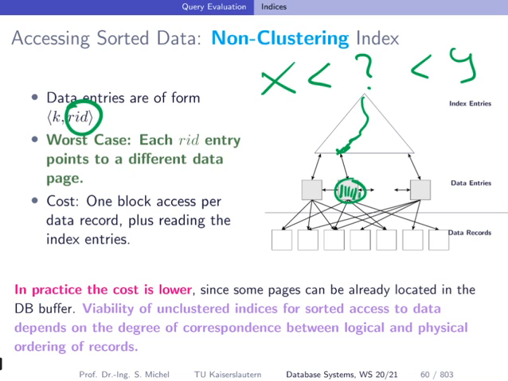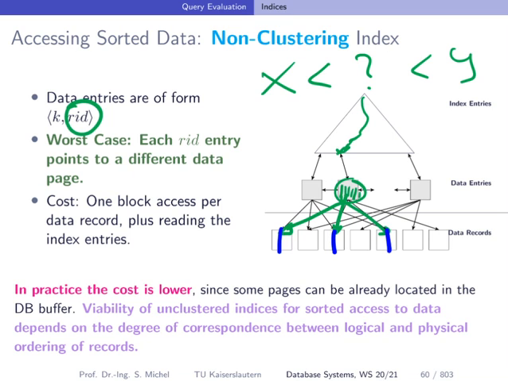And this one might lead us here. Next one here, next one there, and so on and so forth. So this means that for every data record that we want to retrieve based on the keys, we have to read one block from disk.